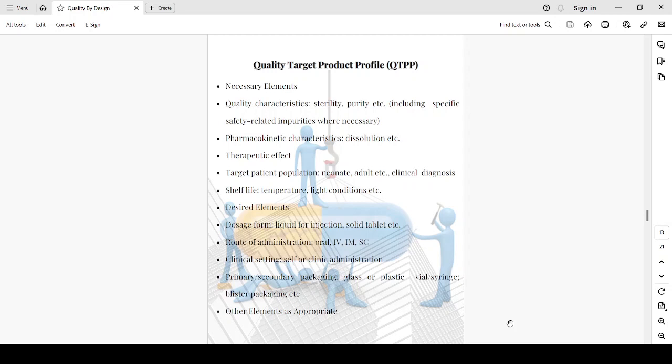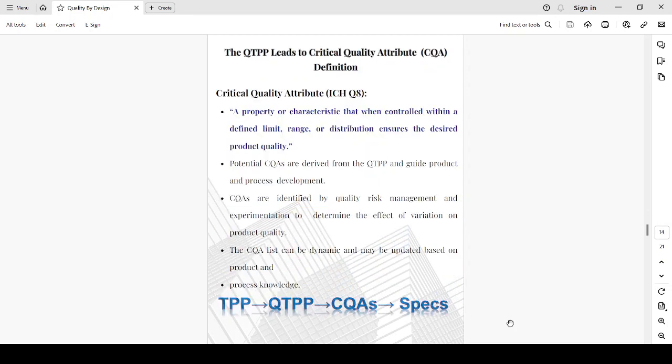So route of administration, like oral, IV, IM, subcutaneous, clinical settings, self or clinical administration, primary or secondary packaging, glass or plastic, vial, syringe, blister packaging, and other elements as appropriate will be in the quality target product profile.